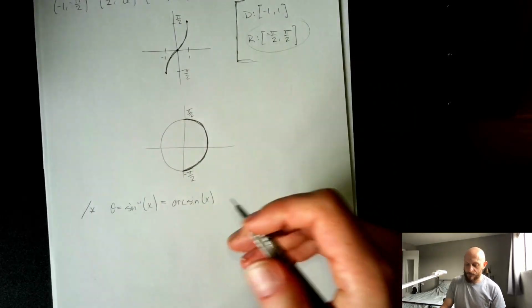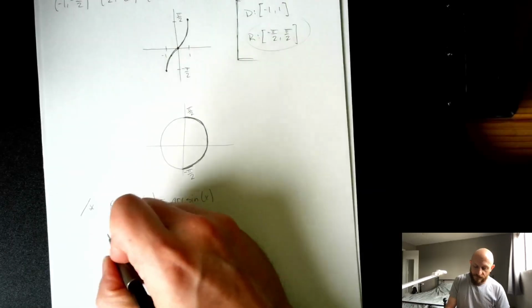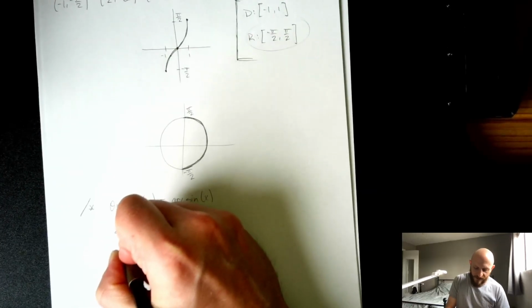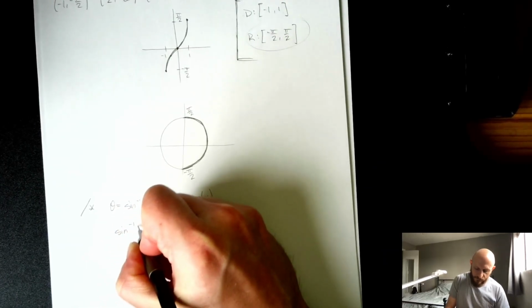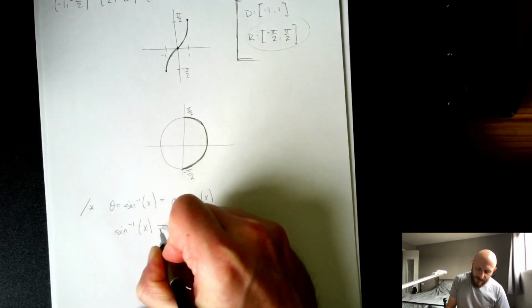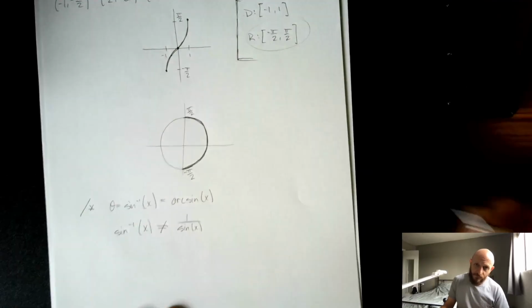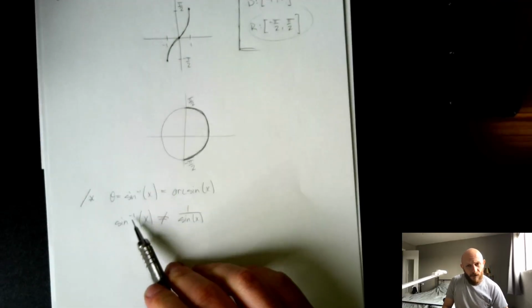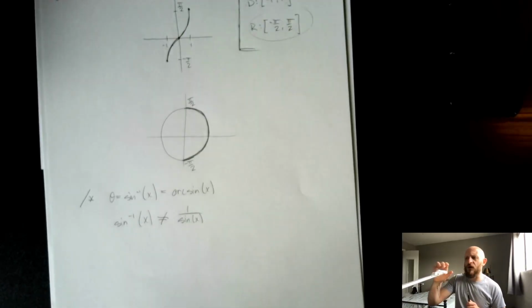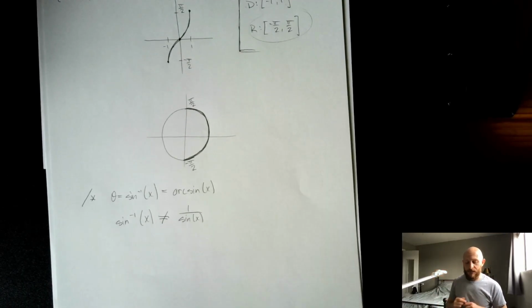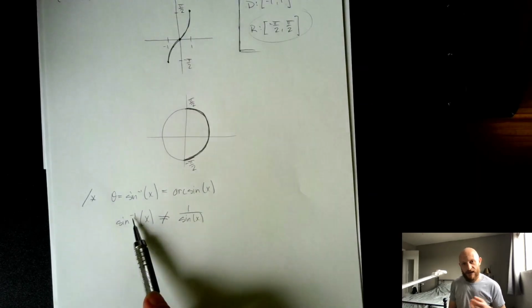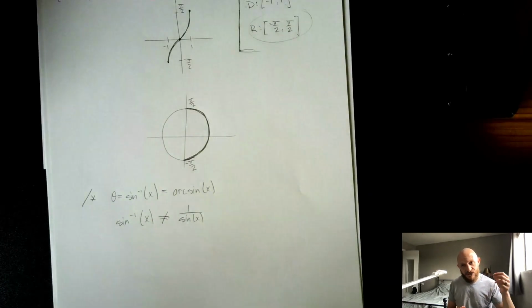The second thing I'll note is that sine inverse of x is not 1 over sine of x. This -1 notation gets a little bit overloaded in math, because if that -1 exponent is attached to a number, then it means reciprocal.